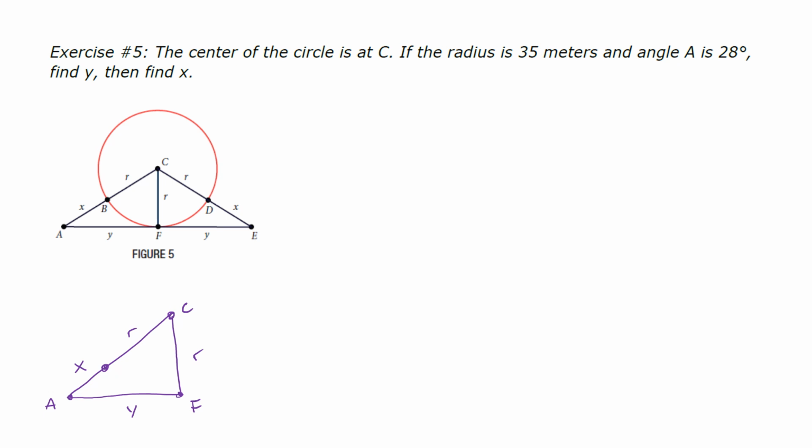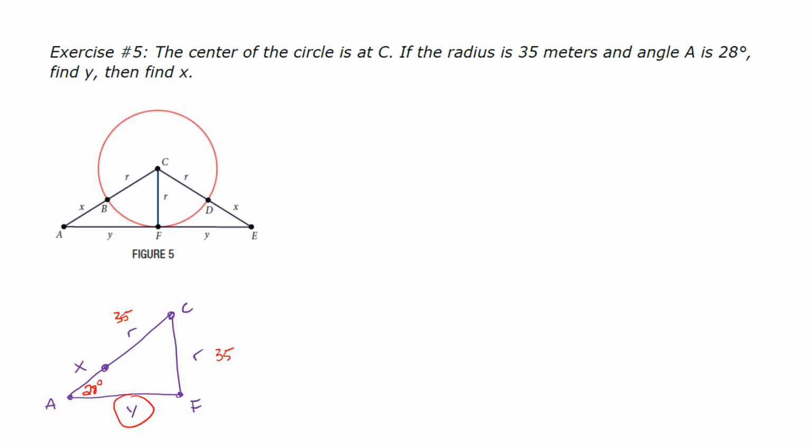So I know A is 28 degrees. I know R is 35. So both of these are 35. And I am first asked to find Y. Okay? So using what we know, Pythagorean theorem, trig functions, the total sum of angles in a triangle, all the things that we know, what can we use to help us find Y?